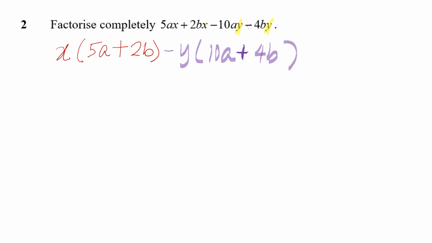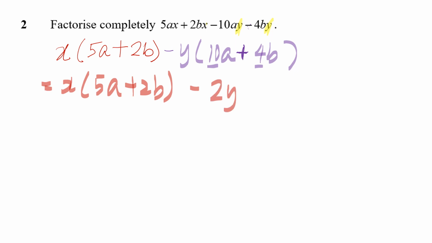Alright, then you look at the question again. There's nothing common. What am I going to do? Then you go back and look at the numbers 10 and 4. Oh yeah, there's a common factor there. 2, because 2 times 2 gives me 4 and 2 times 5 gives me 10. So I can still take out 2, which means basically I can take out 2y.